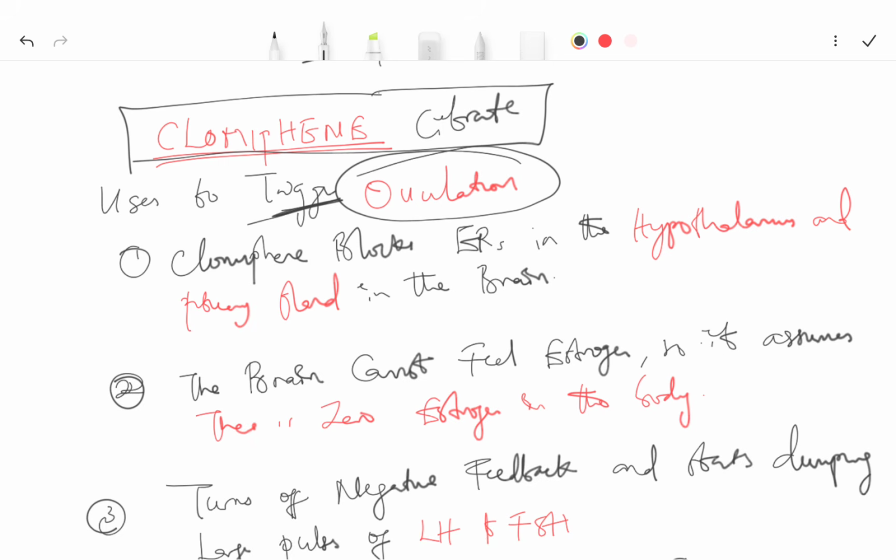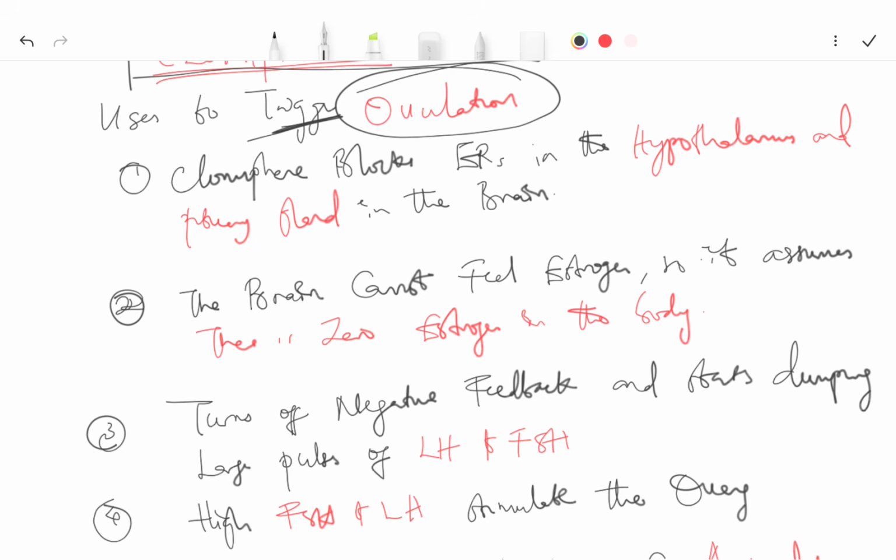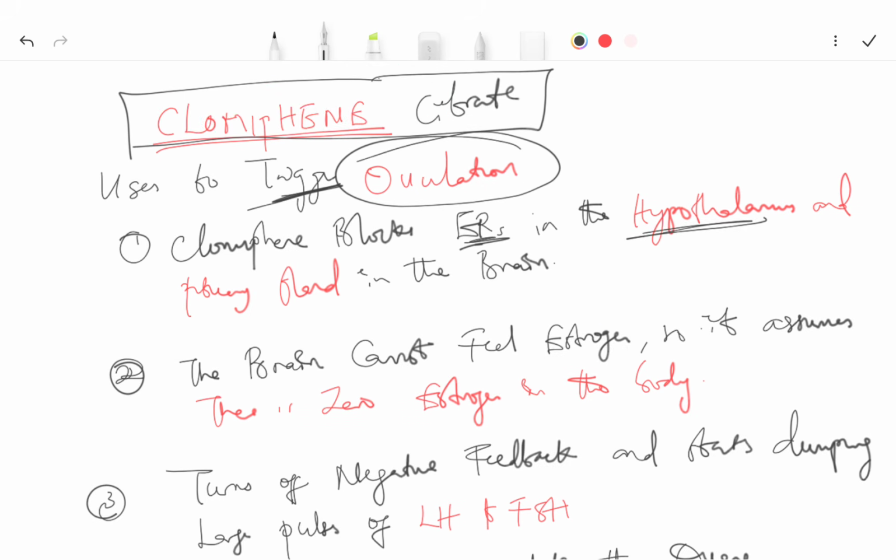How does clomiphene do this? Clomiphene blocks the estrogen receptor in the hypothalamus. It's an antagonist, and we are discussing antagonists: fulvestrant and clomiphene are both antagonists. So it blocks the estrogen receptor, particularly at the hypothalamus and the pituitary gland.